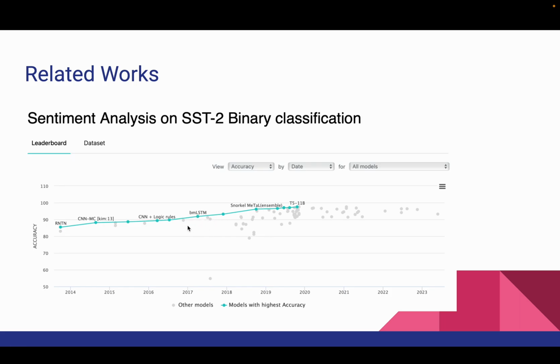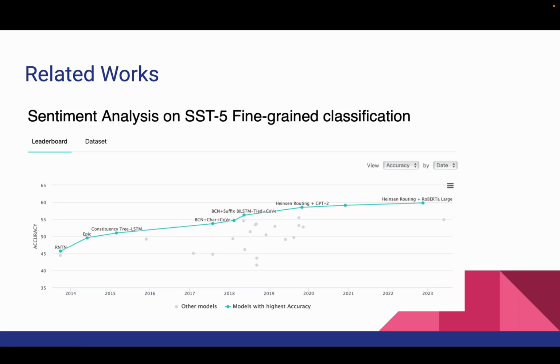You can reach an accuracy of more than 90%. For sentiment analysis on SST5, which is a more fine-grained sentiment classification task, the accuracy is around 60%.